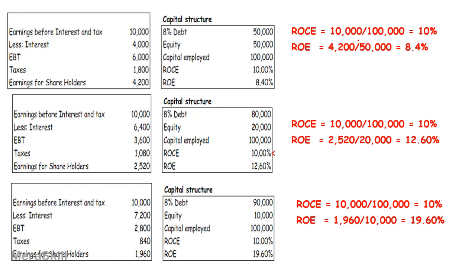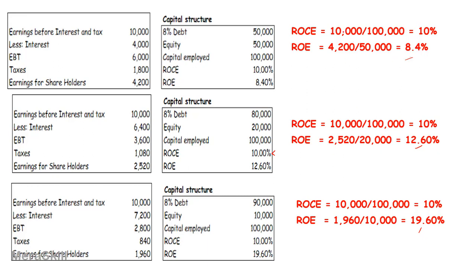Whether it's own fund or loan fund, they make a return of 10%, right? But the higher the proportion of debt, the higher is the return to the equity shareholders, from 8.4% to 12.6% to 19.60%.